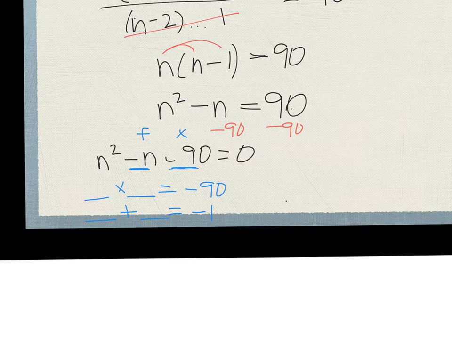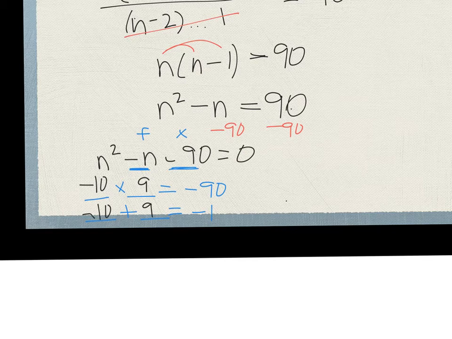Okay, because it's negative n, which is the same as negative 1. So I'm looking for two numbers that when I multiply them make negative 90, and when they add up, they make negative 1. So what would those two numbers be? Negative 10 and plus 9. Okay, so it's negative 10 and 9.